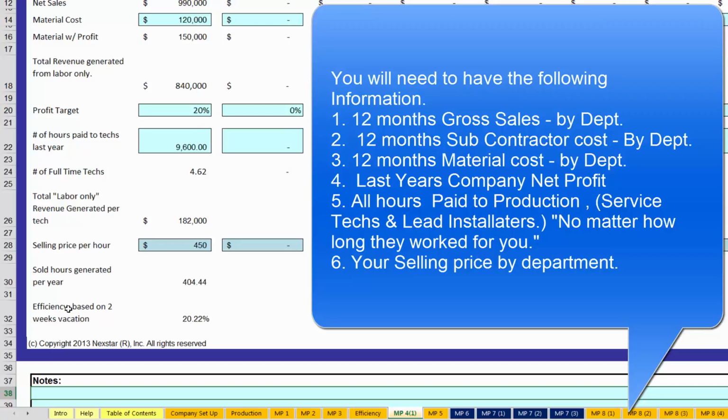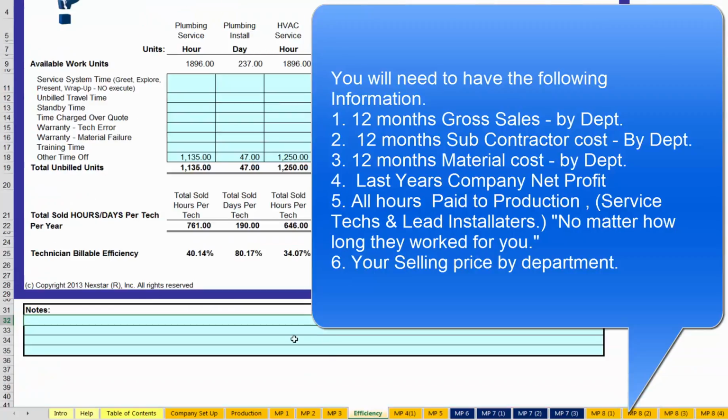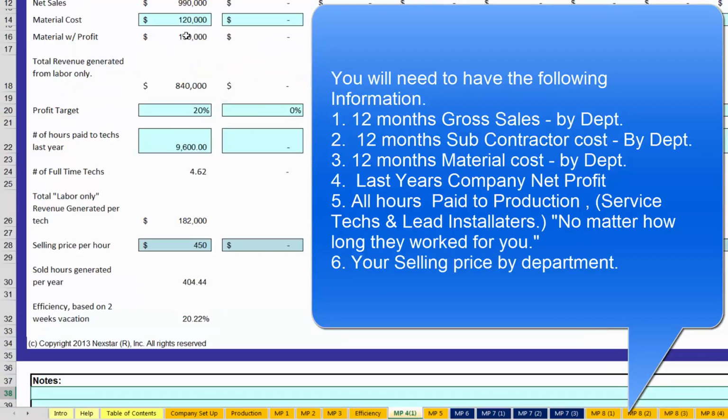So my efficiency based on a 2-week vacation would be based off at 20%. Remember what I said over here. We're shooting for a 40. But if this is reality and this is what happened to you, it's going to tell you what that efficiency is. So what you'll need is you'll need your gross sales for that department, the material cost for that department, any subcontractors for that department.